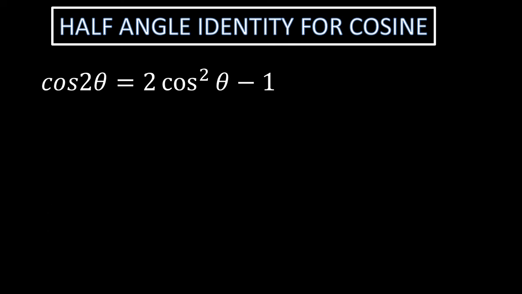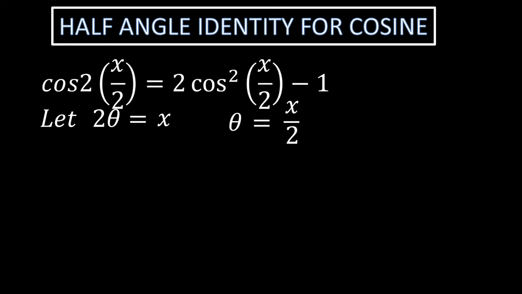So, gagawin din natin ulit yung ginawa natin kanina. We let 2 theta is equal to x, and the theta now will become x over 2. So, I will substitute that to theta, and then magiging ganito na.